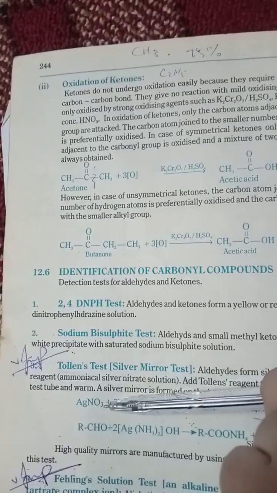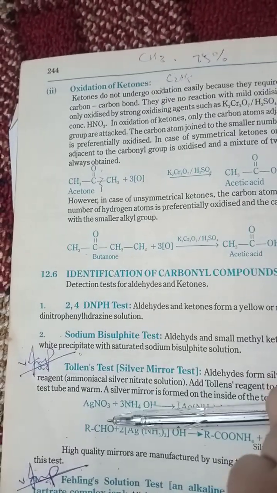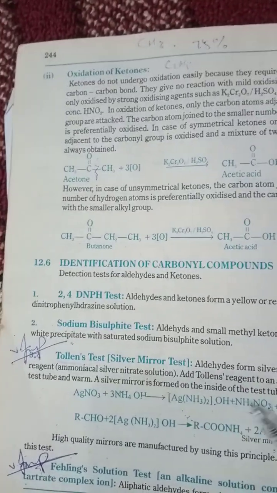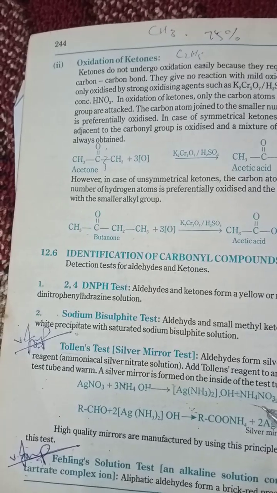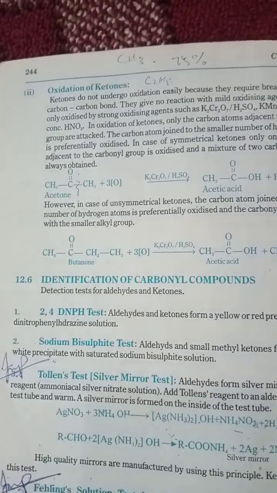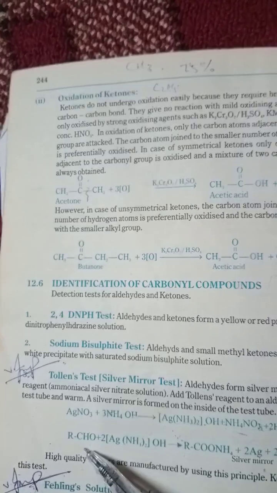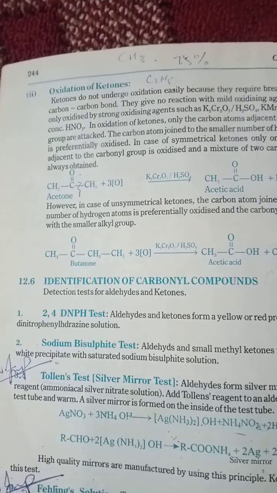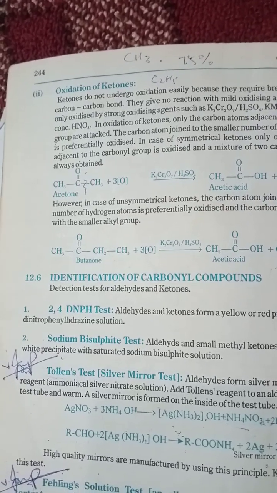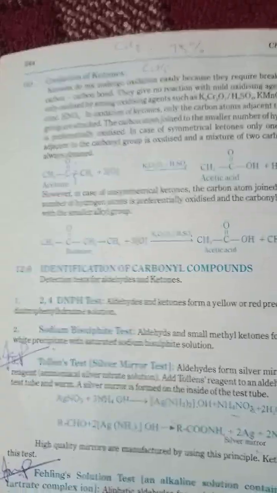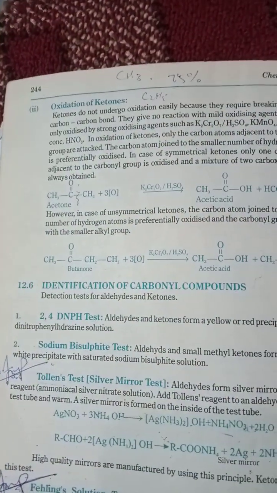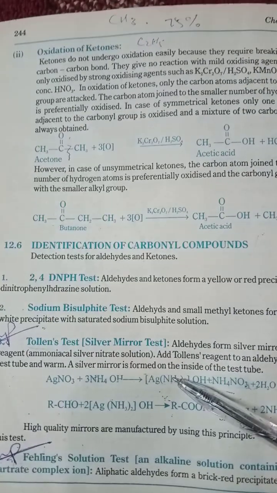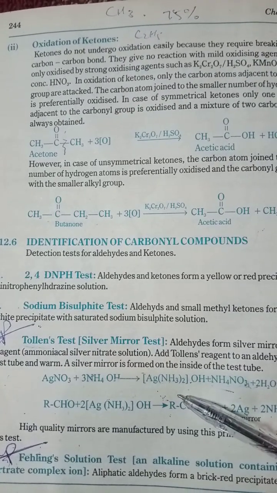In this reaction, the reagents we use are silver nitrate and ammonium hydroxide, which will be converted into this type of product, and this will further react with the aldehyde and convert it into a silver mirror. As you know, ketones will not give this reaction. This reaction is used to distinguish between aldehydes and ketones.